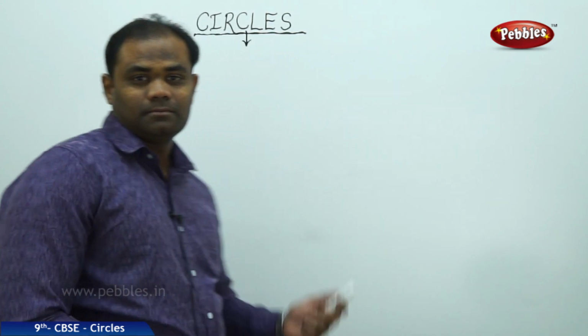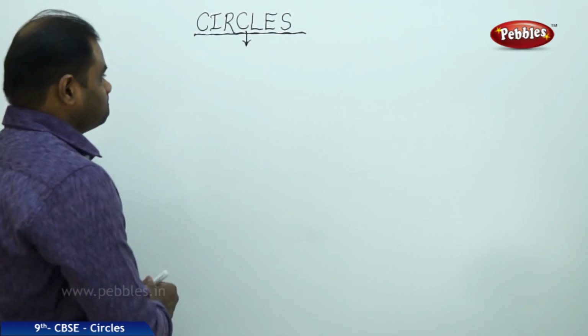Now that we have discussed the chord of a circle, now comes the most important concept used in circles connected with chords. Diameter is what we're going to discuss in today's session. Diameter of a circle.